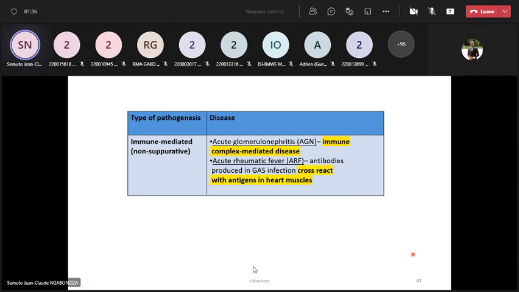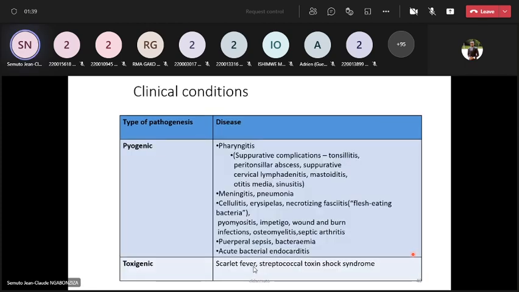As pyogenic, they start mostly with pharyngitis, as we have seen, which transmits through droplets. And they are suppurative, with pus complication, tonsillitis, and abscess. So otitis, sinusitis, meningitis, pneumonia. So it can be localized or more systemic: bacteremia, septicemia.